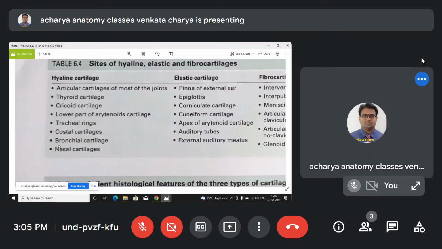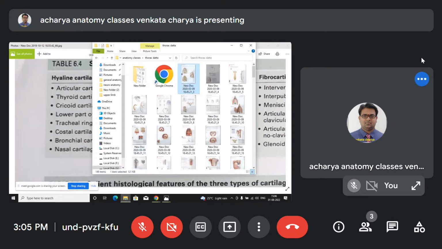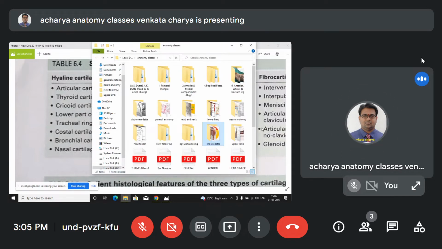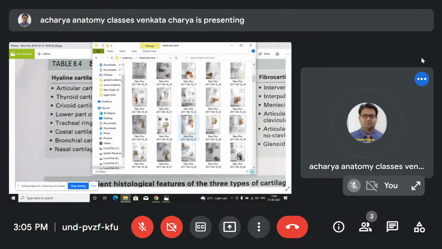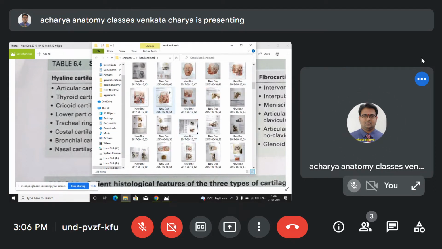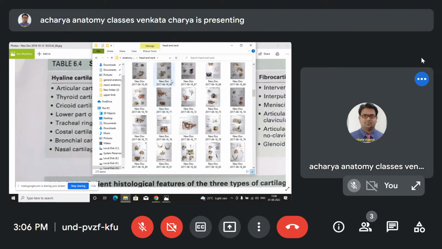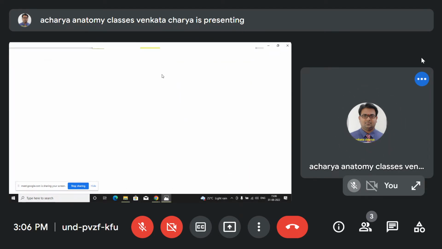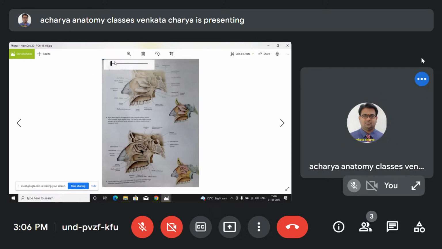Next, bronchial cartilage. Bronchus we have learned. Nasal cartilage: the nasal septum and the lateral wall of the nasal cavity have cartilages, and these are also hyaline cartilages. Let us see the nasal septum.